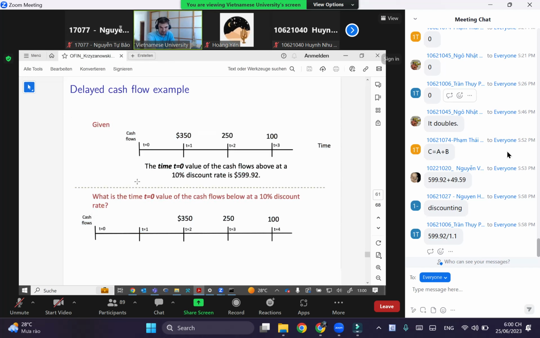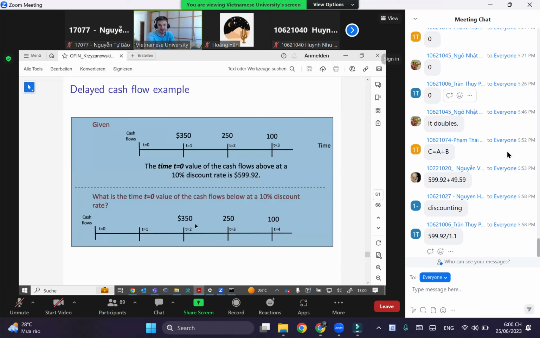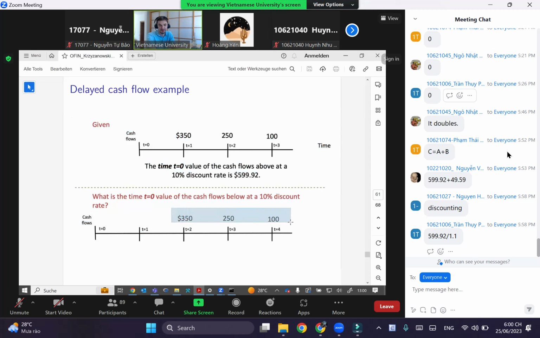And now let's assume that you obtain these values as specified before one period later, right? Then you would have to discount them one more period, because the 350 you would not obtain in T equal 1, but in T equal 2.